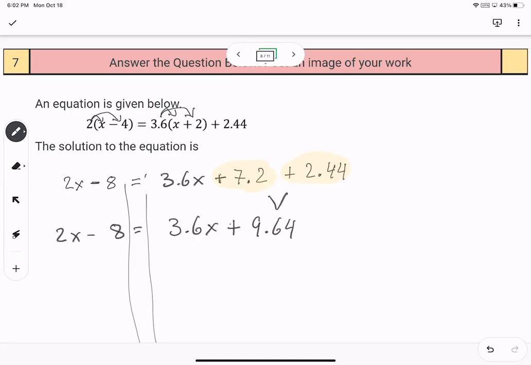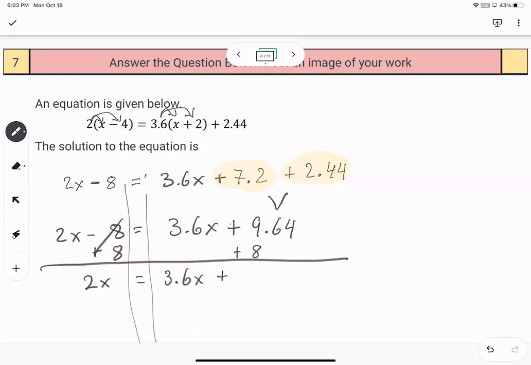So I like having my constants on the right, so I'm going to add 8 to both sides. That's going to be 2x is equal to 3.6x plus 17.64. Now I'm going to subtract 3.6x to both sides.